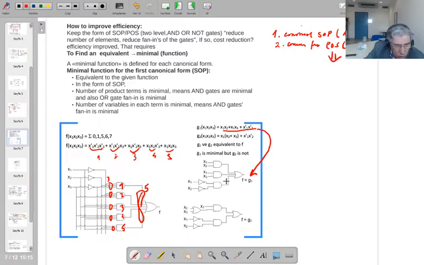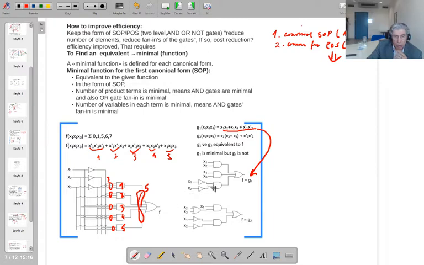But the cost of this circuit is much less than this one. Why is that? Because you've got 5 AND gates here, and only 3 AND gates here. In here the fan-in for each AND gate is 3, but in here the fan-in for each AND gate is just 2. On the other hand, you've got one OR gate in each, but the fan-in of this OR gate is 5, while the fan-in of this OR gate is just 3. So the efficiency is much higher in this design than this one.